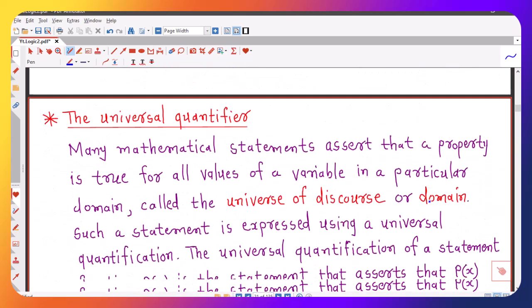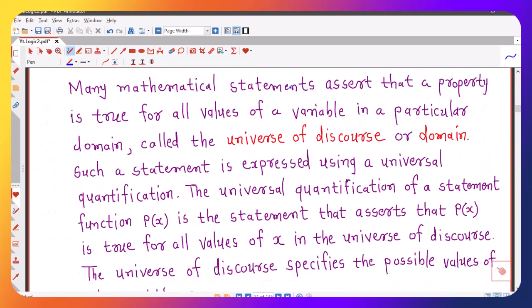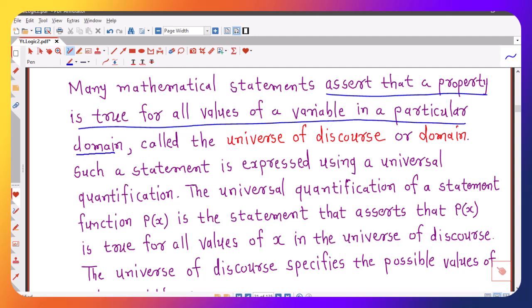Now, as I discussed, many mathematical statements assert that some property is true for all values of a variable in a particular domain. That domain is also called the universe of discourse. Such a statement is expressed using a universal quantification.